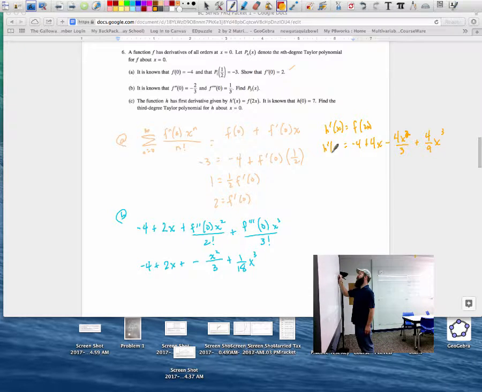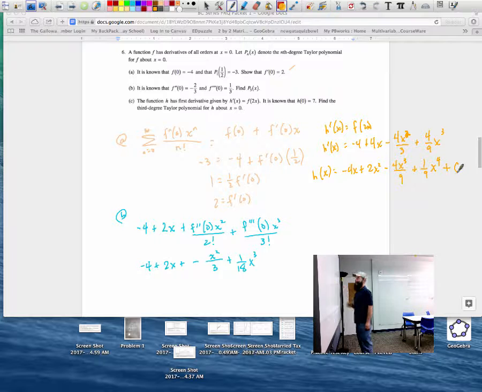So now they're saying find h if you know that h of 0 is 7. So that means we're taking the antiderivative of this thing. So h of x would be -4x plus 2x squared. Increase the power by 1, divide by the new power. 4x cubed over 9. And then this would be 1/9 x to the 4th.